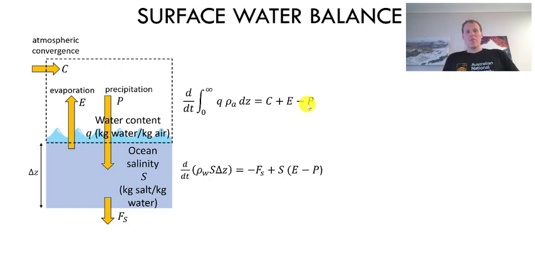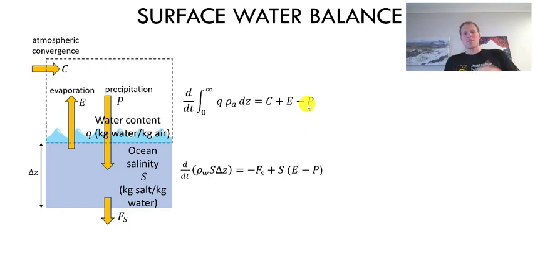So essentially, if you evaporate moisture from the surface, that makes the ocean saltier because the salt stays behind, but you're evaporating fresh water. So it makes the ocean saltier. Conversely, if you precipitate moisture into the surface, that's pure water, which is diluting the salt content of the surface ocean, and so it makes the ocean fresher. So both of these things modify the ocean salinity.